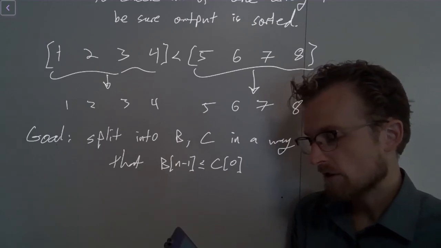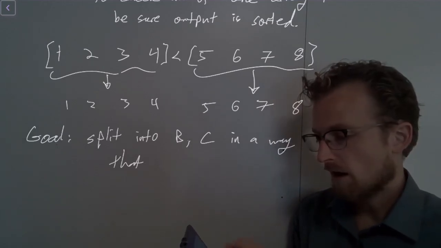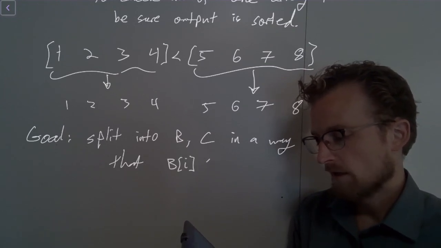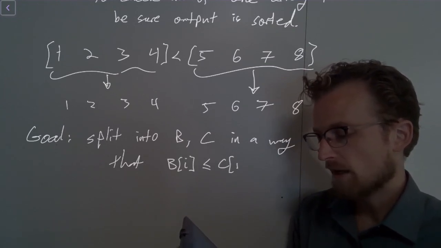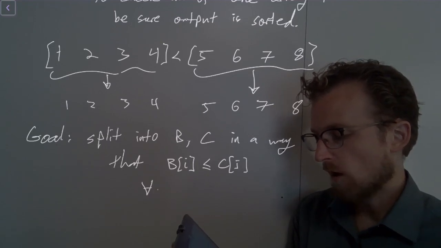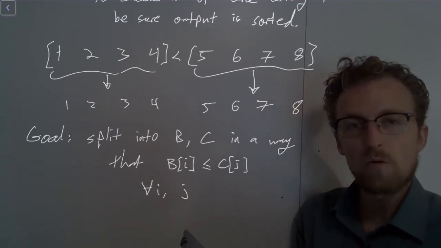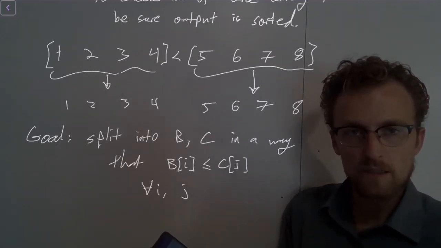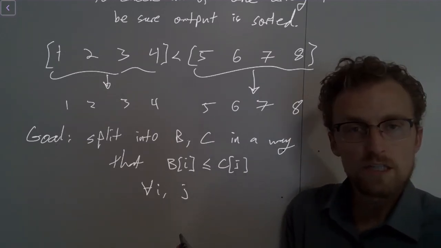I should say such that B_i is less than or equal to C_j for all i and j. Right? No matter what indices I plug into these, everything in B is less than everything in C. Okay. And so this is our goal.